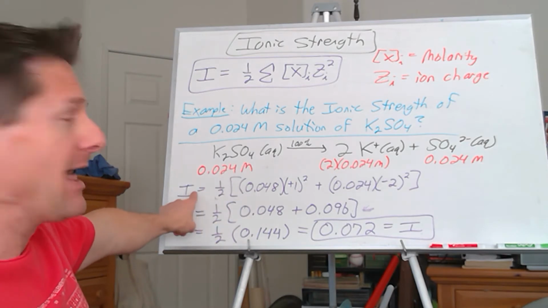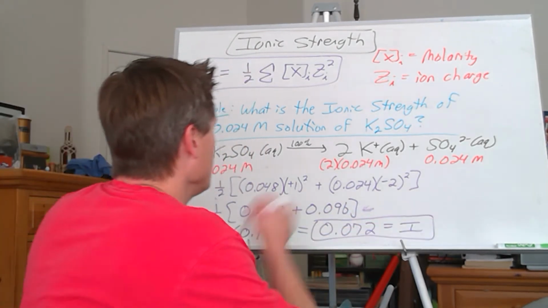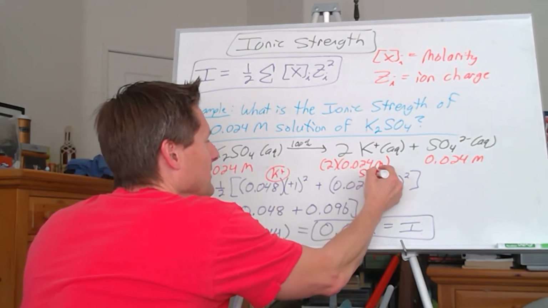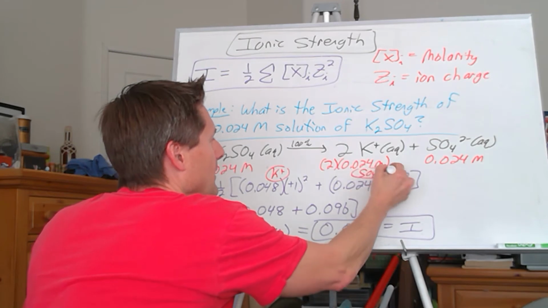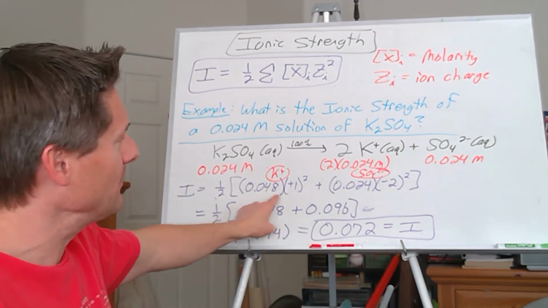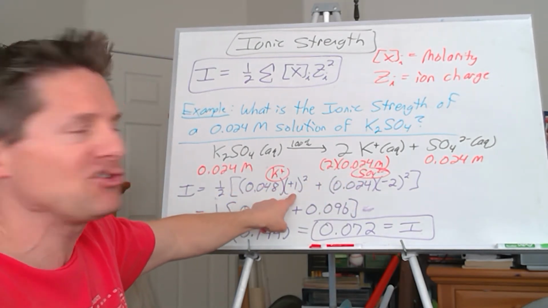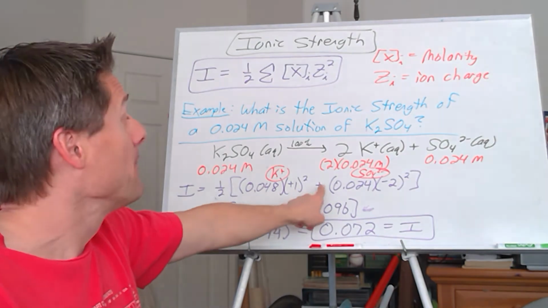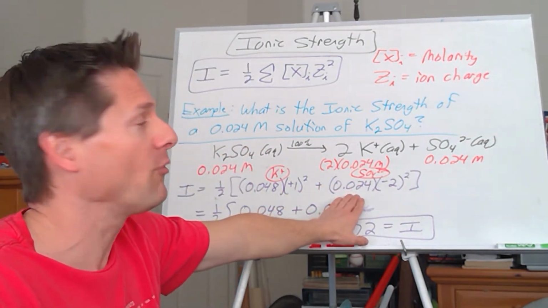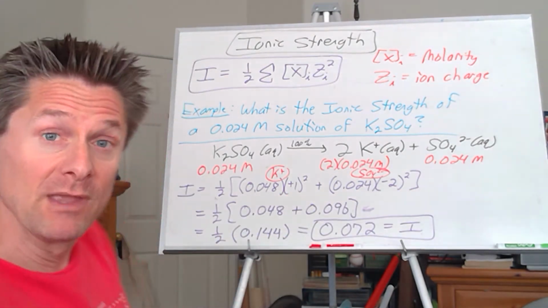So let's take the ionic strength, which is 1/2 of, and let's start with the potassium here, and this will be the sulfate here. So I've got 2 ions, so I've got 2 terms. So I'm going to take the concentration of the potassium, which is 2 times 0.024 or 0.048 molar, times its charge of +1 squared, plus the concentration of the sulfate ion, 0.024, times its charge, -2 squared, which gives me a 4, right?